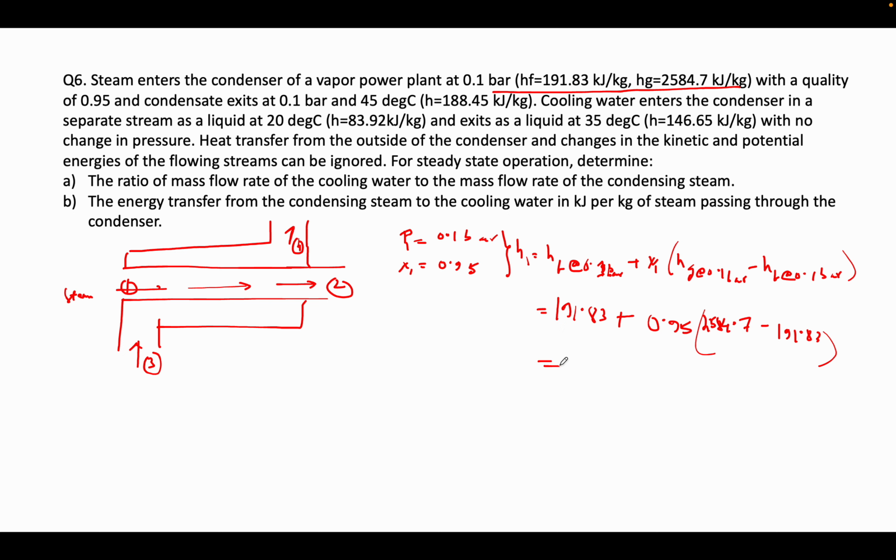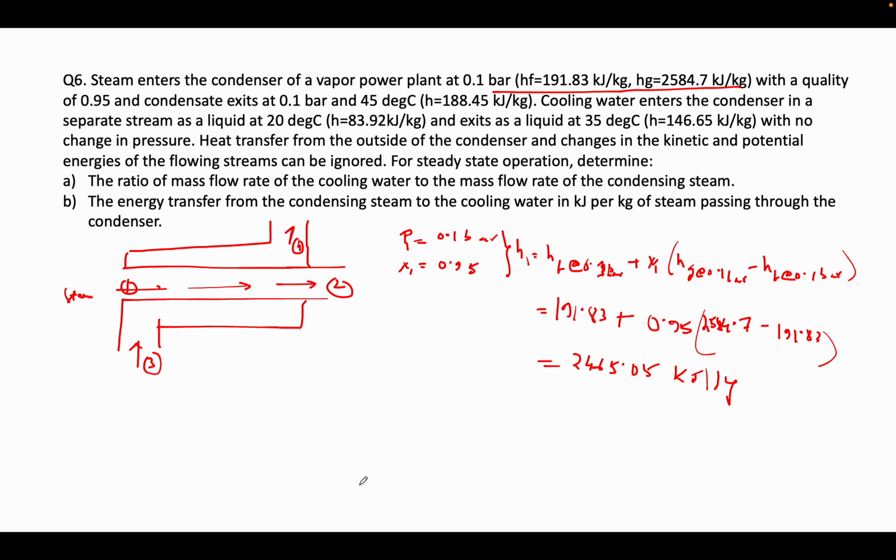What will be the value? 2584.7 minus 191.83, into 0.95, plus 191.83, is 2465.05 kilojoule per kg.